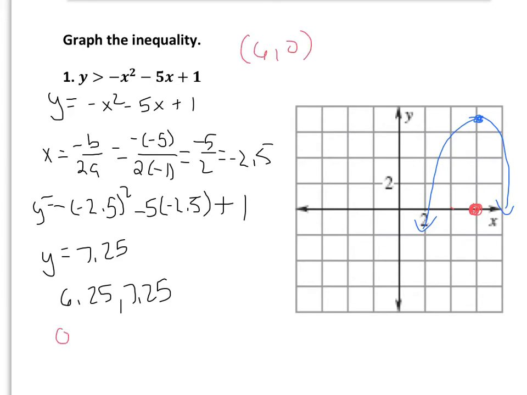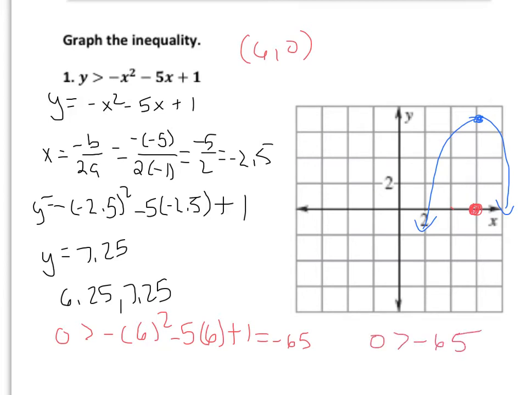So go back to the original: 0 is greater than minus 5 times 6 plus 1. So calculate that. You get negative 65. So is 0 greater than negative 65? Yes, so it's true.